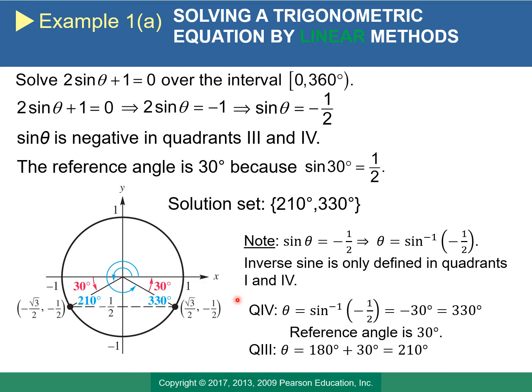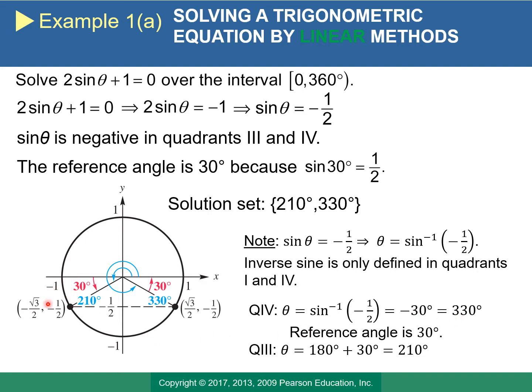So then in quadrant 4, I can go ahead and use sine inverse, let's say on my calculator, of negative 1/2, and in degree mode it would give me negative 30, because it's always going to give you a negative angle in quadrant 4 to make it continuous, coming from negative pi over 2 or negative 90 all the way up through 90 or pi over 2. So then you would just add 360 and get your positive angle of 330.